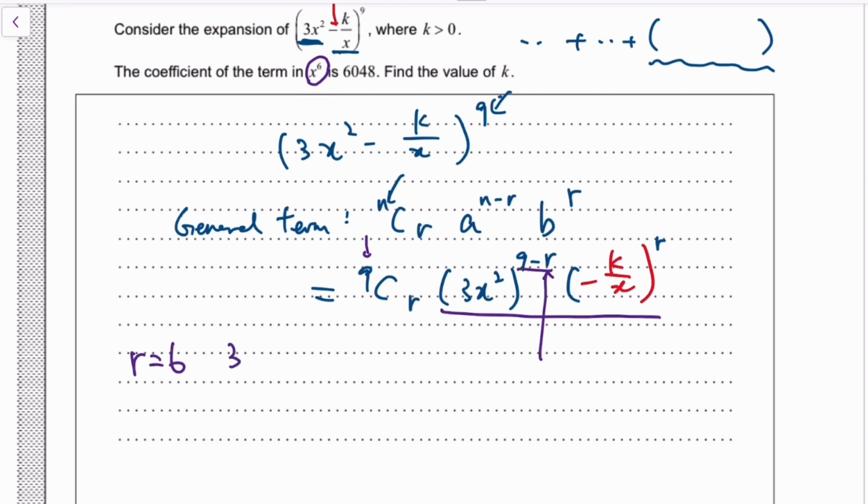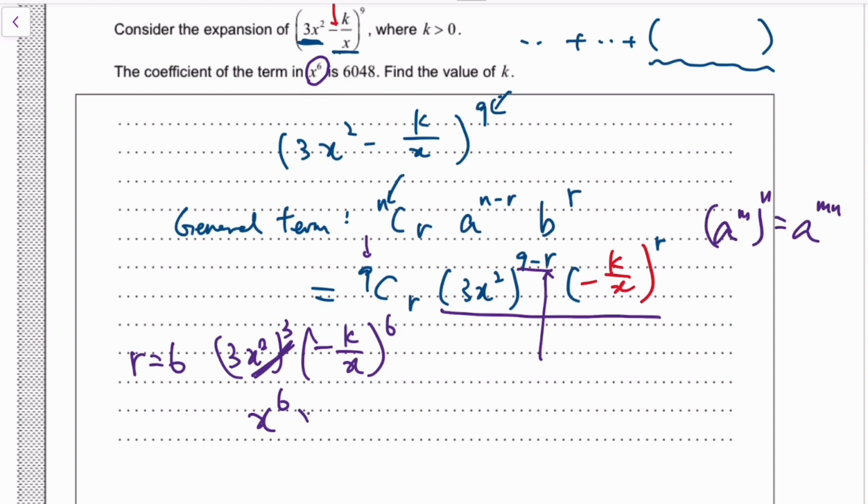So you actually have 3x squared to the power of 3, and this would be x to the power of 6 because a to the power of m to the power of n is a to the power of mn, times negative k to the power of 6 over x to the power of 6. But then when you multiply, the x to the power of 6 and the x to the power of 6 would cancel out. So when r equals 6, it actually gives you the constant term.